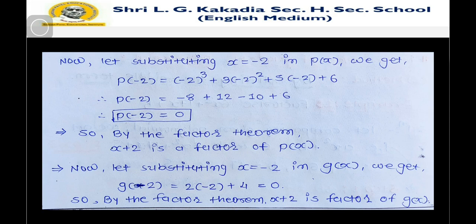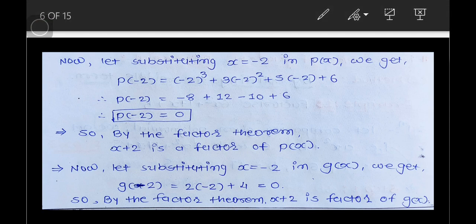Substituting x = -2 in p(x), we get p(-2) = (-2)³ + 3(-2)² + 5(-2) + 6, and therefore p(-2) = -8 + 12 - 10 + 6. Then we evaluate, and we get p(-2) = 0, as given.